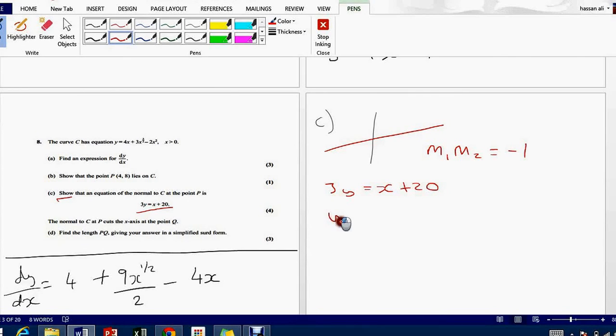So y minus y1 equals m times x minus x1. Once you've got that, you know your x value is 4, and we have to work out what our m value is.